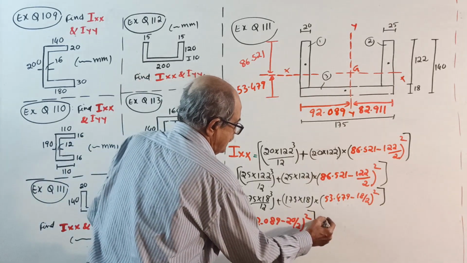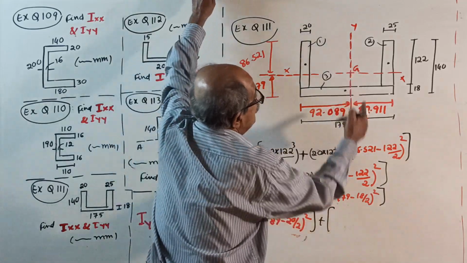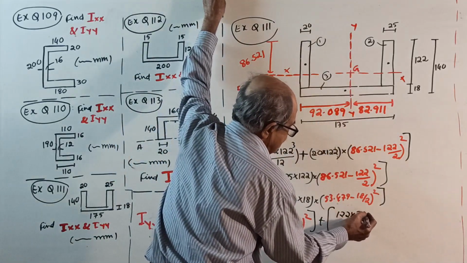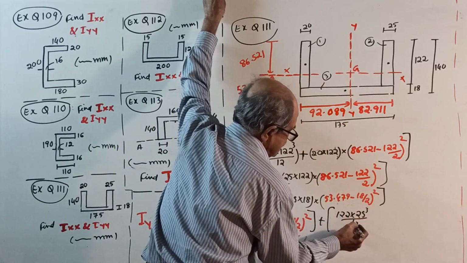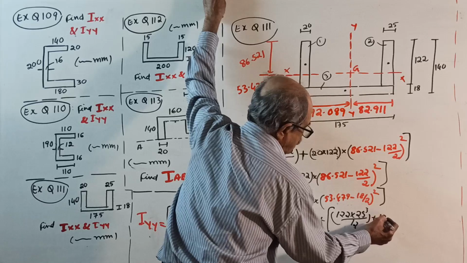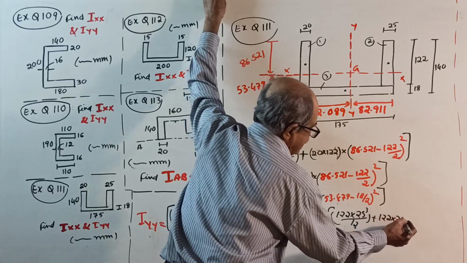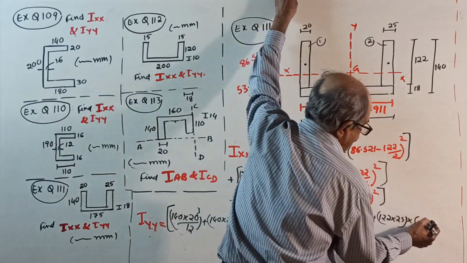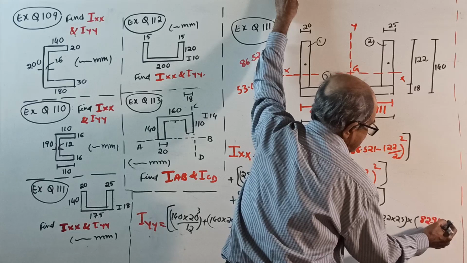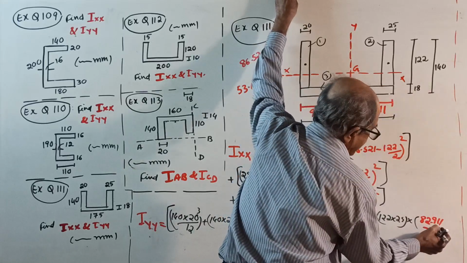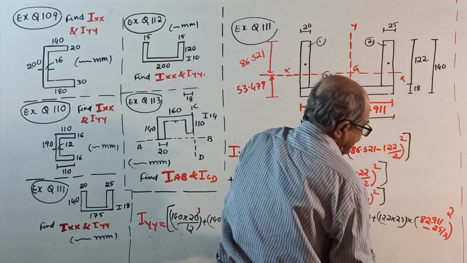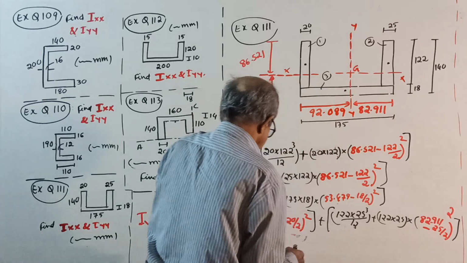First one over. Second one, I about YY: 122 into 25 cube by 12, plus 122 into 25 is the area, into 82.911 minus (25 by 2) whole square. Close the bracket. I think it is visible. I'll check the camera once again.